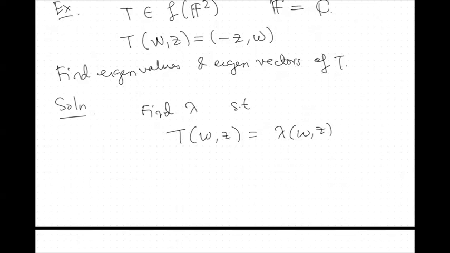So here we get negative z is equal to lambda w, and then w is equal to lambda z.